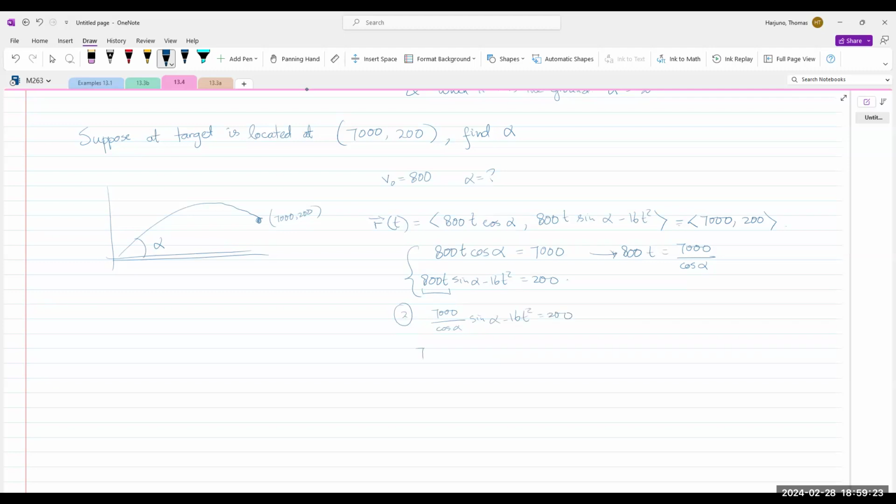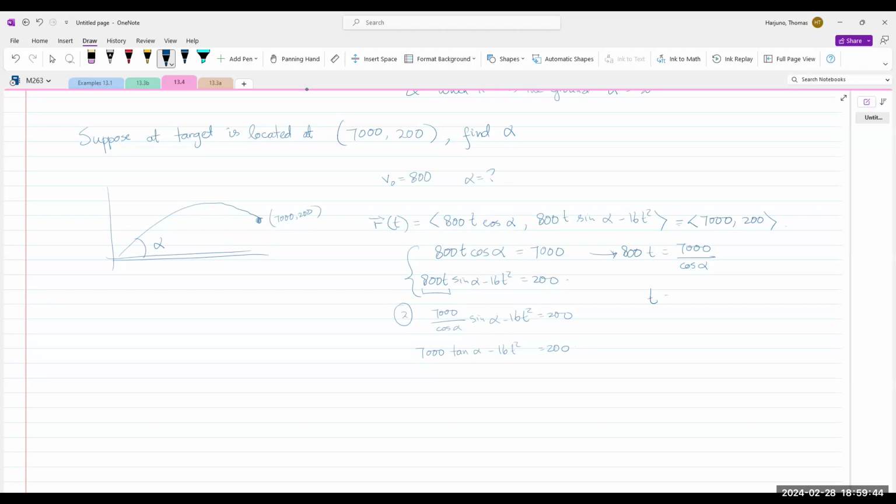In other words, 7,000 tangent alpha minus 16t squared equals 200. But I don't think it will help us in any way, unless we go further, substituting the t.